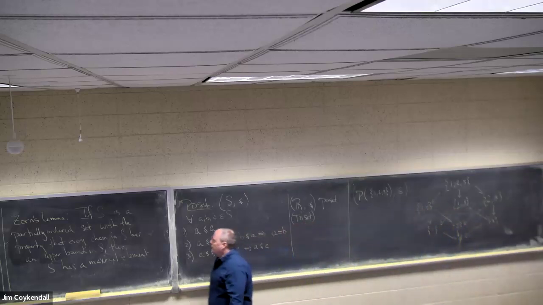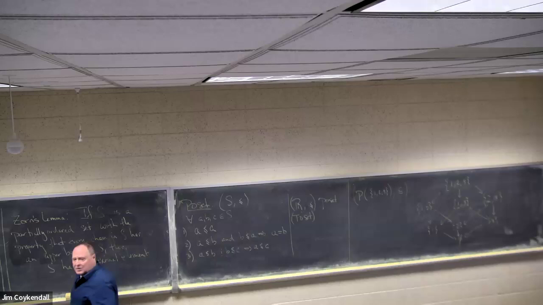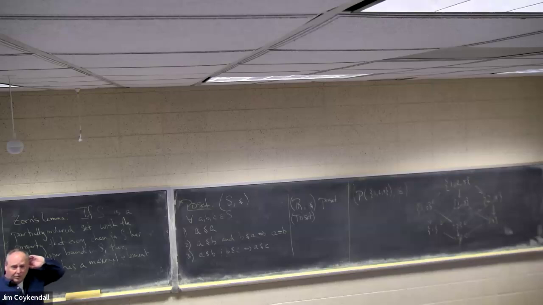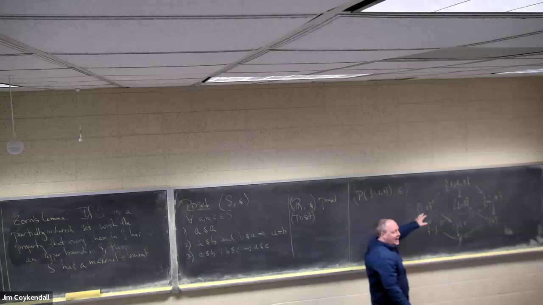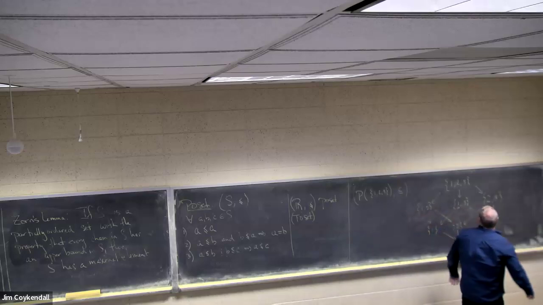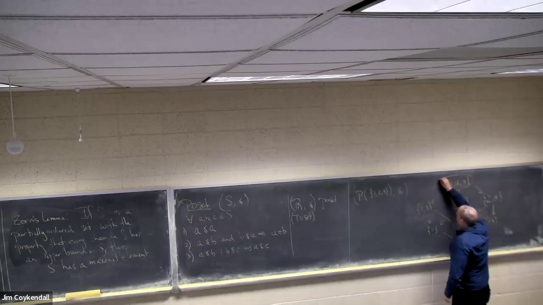What Zorn's lemma says is, if you have a partially ordered set, keep in mind that last example, and every chain has an upper bound. Now, a chain is a totally ordered subset of a partially ordered set. So even though this may be apples and oranges, I'll give you a group of apples.